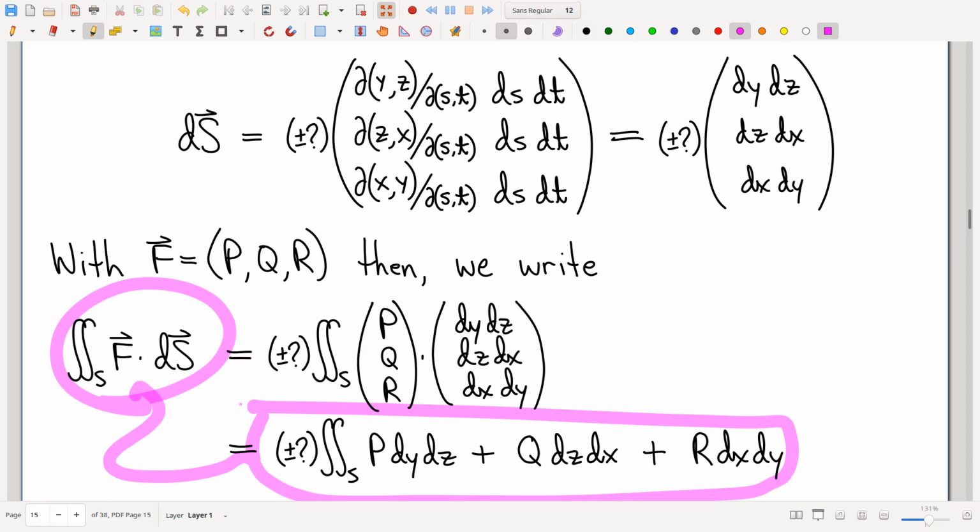But weirdly, the differentials are not surface area or the ds vector, the surface differential. Now the differentials are dy dz, which makes it look like it's in the yz plane, but it's not. It's on the surface. And dz dx and dx dy. So it's one of these weird-looking critters. It's very, I'm going to say, unintuitive.